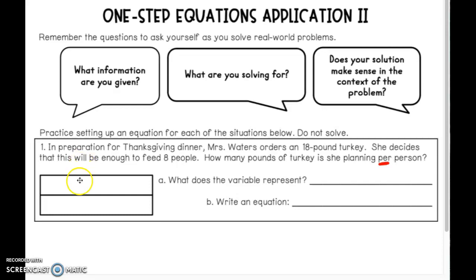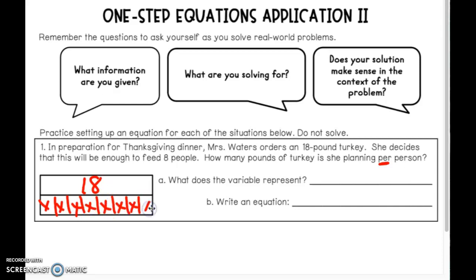So we know that we have an 18-pound turkey. So that goes right here, 18 pounds. And we know that there are 1, 2, 3, 4, 5, 6, 7, 8 x's, right?